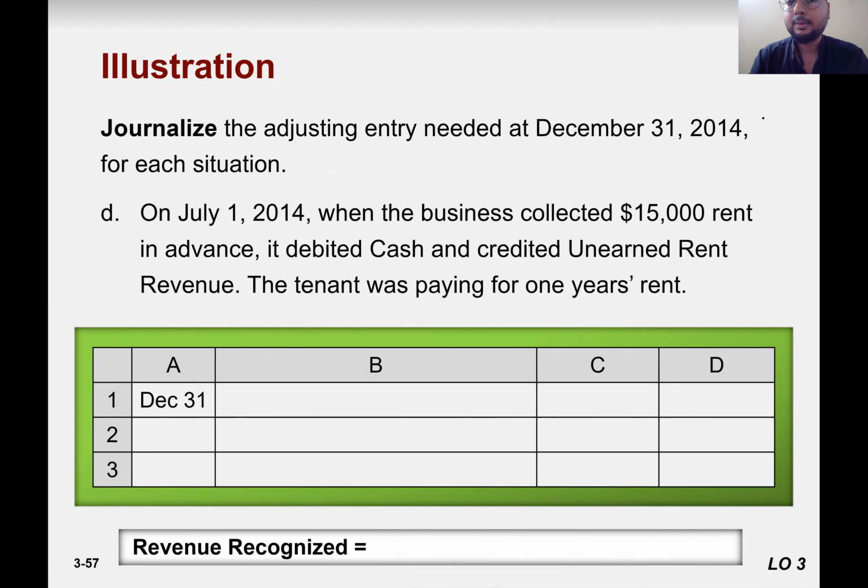You are standing at 2014, right? They make the entry as debit cash and credit unearned rent, right? So they make this entry.